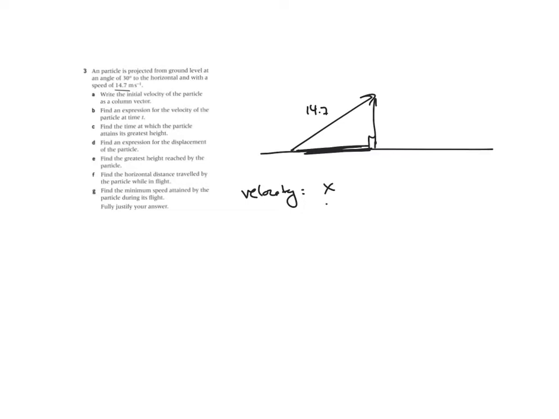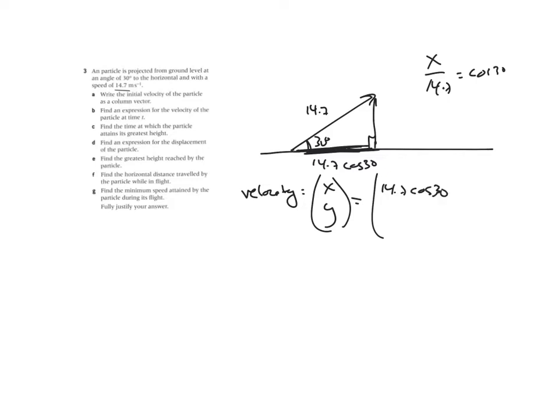The x value is going to be 14.7 cosine of 30 degrees, because this angle is 30 and this is the adjacent. If you do the calculations, x over 14.7 is equal to the cosine of 30, so the x value is 14.7 cosine of 30.